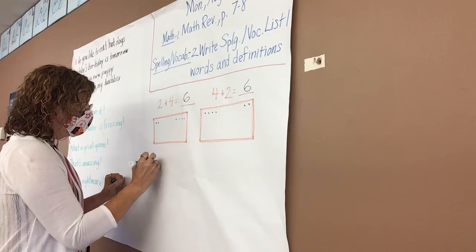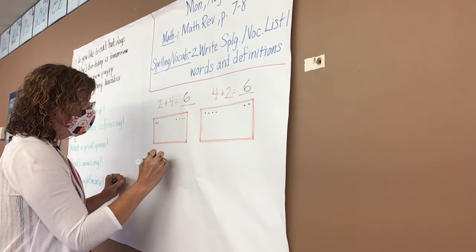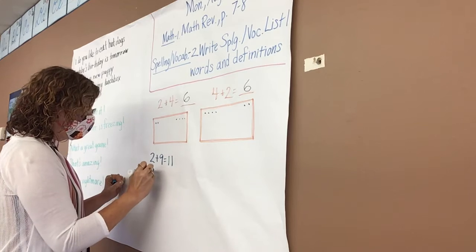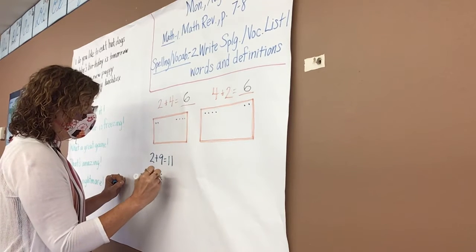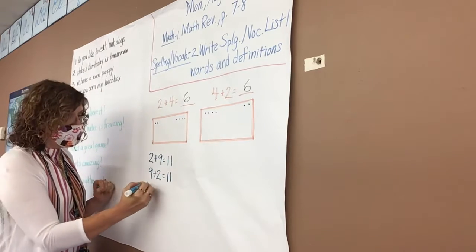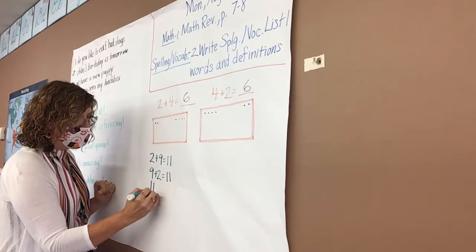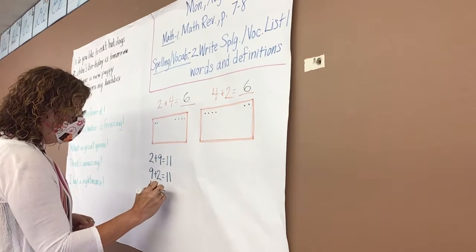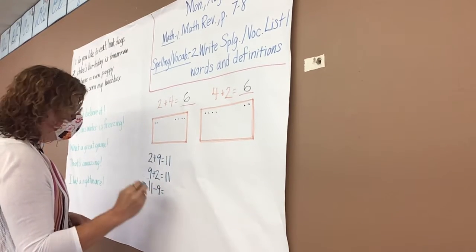They said that 2 plus 9, what is it going to equal? 11. Then they switched it and they said 9 plus 2, and what's it going to equal? 11.